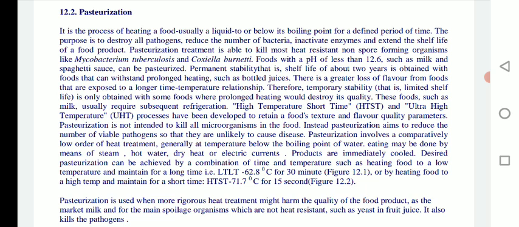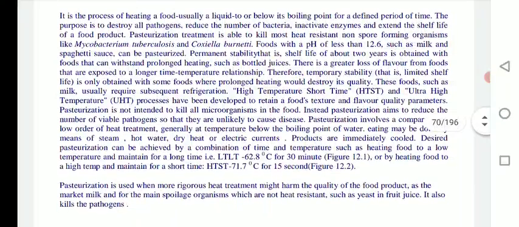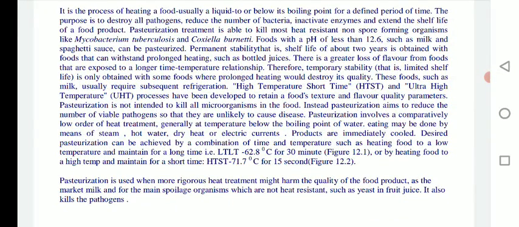Pasteurization is able to kill most heat resistant non spore forming organisms like Mycobacterium tuberculosis and Coxiella burnetii. Foods with a pH of less than 4.6, such as milk and spaghetti sauce, can be pasteurized.